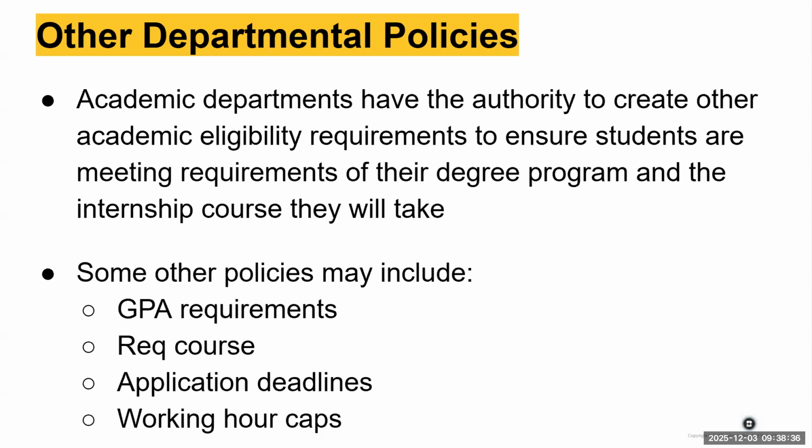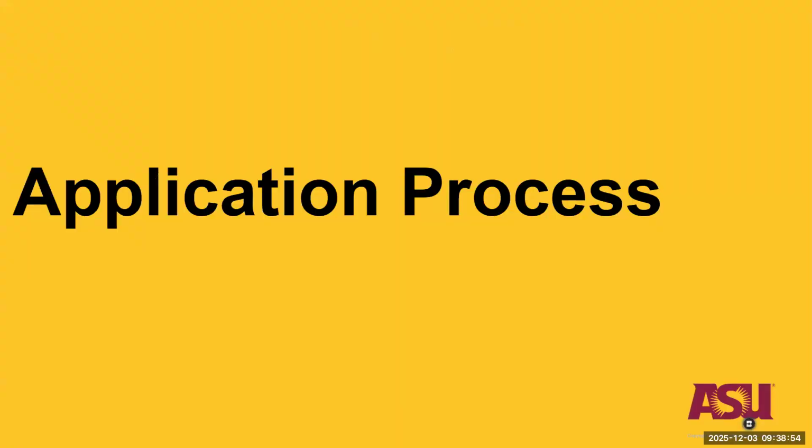That way, for example, if you can only do part-time during the fall semester, you don't want to be looking for full-time internships, because then your department's not going to allow them anyway. So it's very important to have this conversation with your department first and then start doing the job hunting. That way you don't waste your time.